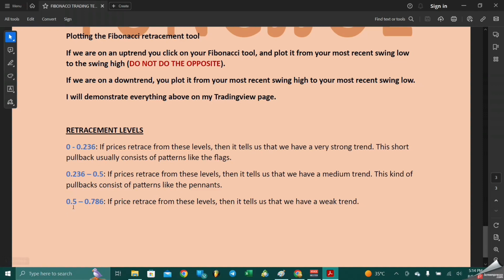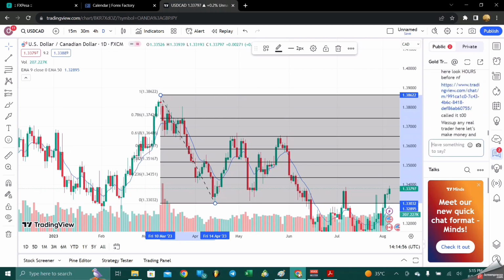And if prices retrace from 0.5 to 0.786 and above, these are weak trends. They usually have patterns like channels. Like this one is a weak trend, because it came and retraced from 0.618 and back.